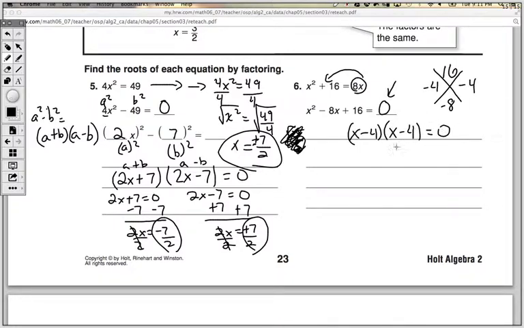Now, this is kind of weird because you could have written it like that, or you could say x minus 4 squared equals 0. Either way, you're going to set x minus 4 equal to 0. And I could do x minus 4 equals 0 again, but it's redundant. I don't need to. So that means I would have x equals 4, and that's my only answer.